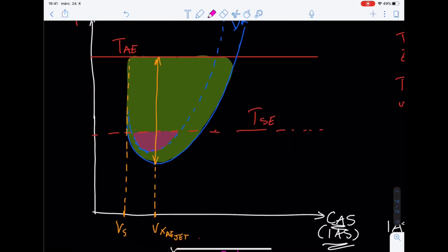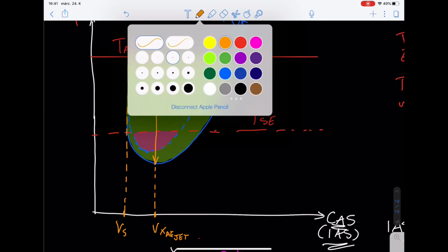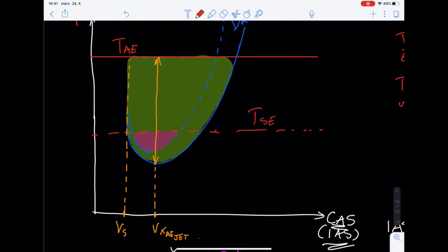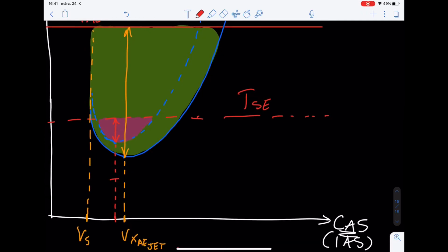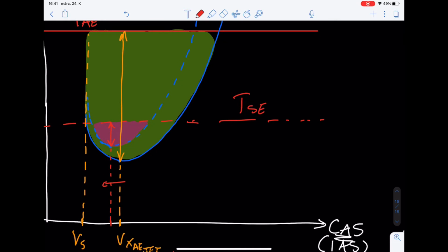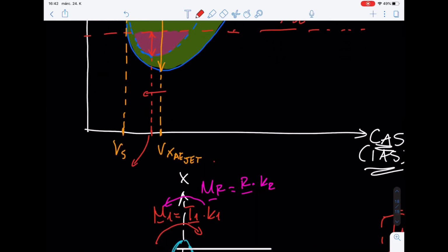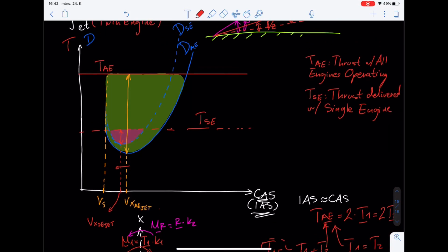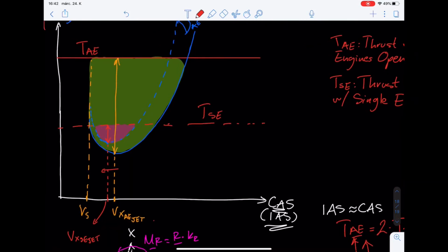And therefore, it's also visible that your maximum excess thrust is going to occur at the VMD of the new drag curve, which is going to be to the left of the initial one. So this would be your VX single engine for the jet. It's a reduced one.